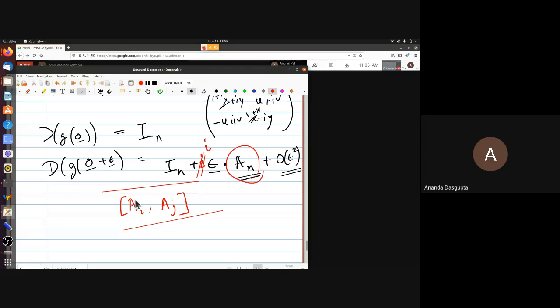This is way, way simpler. So Lie algebras gives us a very simple way of looking into Lie groups and talking about their properties easily.